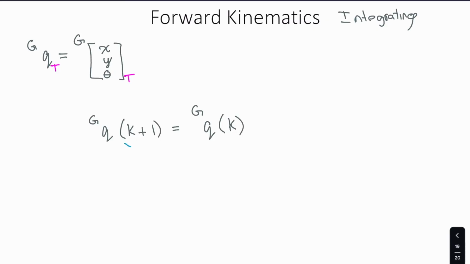So at our next time step, it's just equal to where we were previously, plus whatever our change in Q is, times how long we were enacting that change in Q. So there's some slightly new notation here.